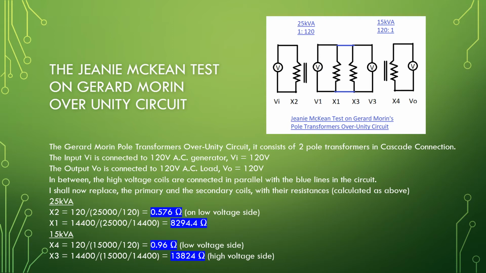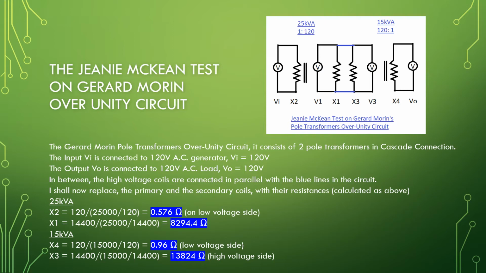25 kVA, X2 equal to 120 divided by 25,000 divided by 120 equal to 0.576 ohm on the low voltage side.